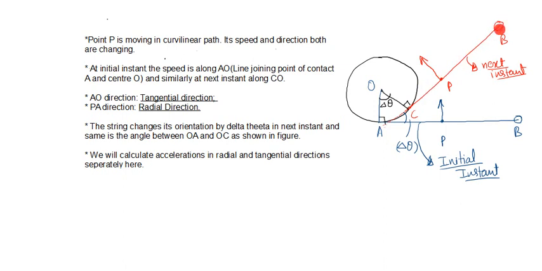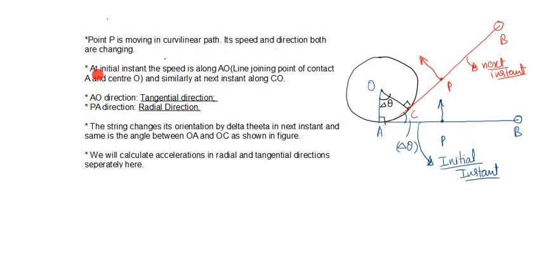At some later instant, its orientation is shown by this red line. So point P, which was moving perpendicular to the string, in the vertically upward direction initially, will also change its direction of motion, as you can see here. So point P is moving in a curvilinear path. So its speed and direction both are changing.